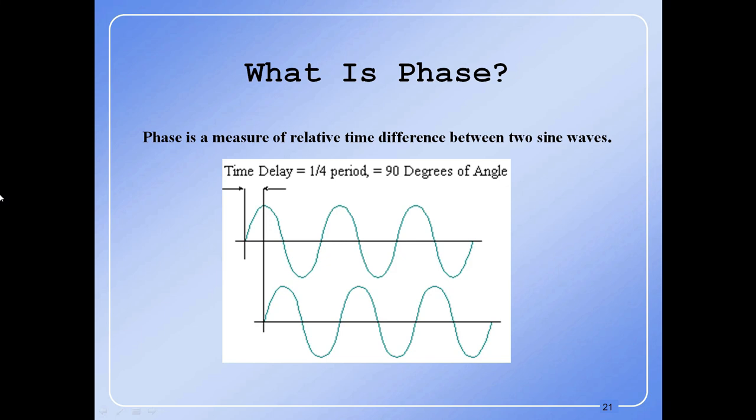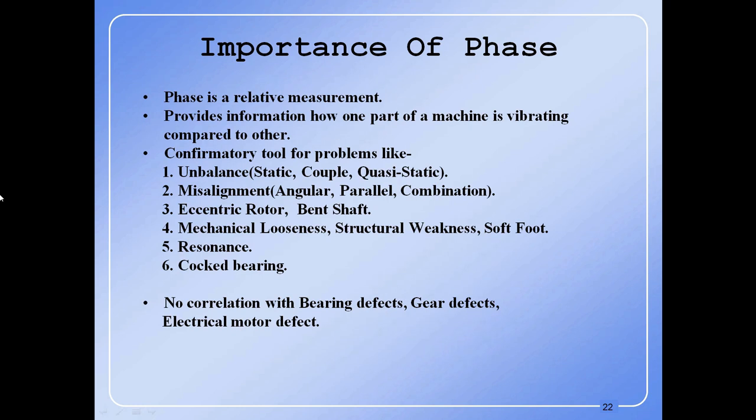Phase. What is phase? Phase is a measure of relative time between two sine waves. Time delay equal to one fourth of the period, a quarter period, equals 90 degrees of angle. Importance of phase: phase is a relative measurement.